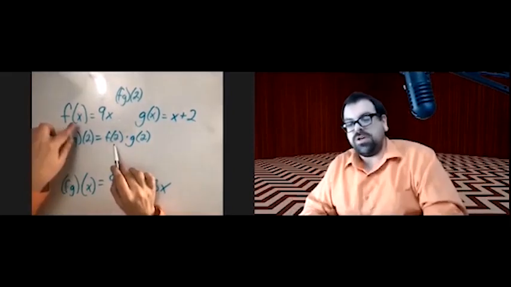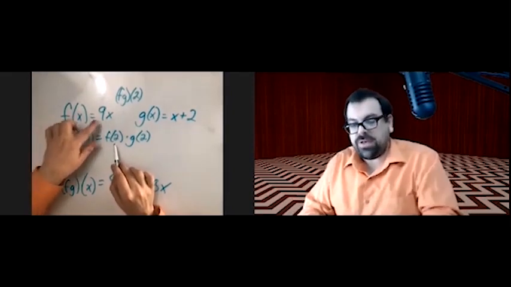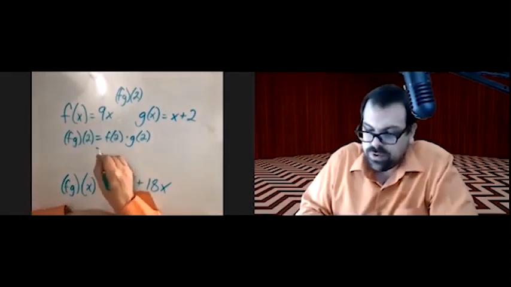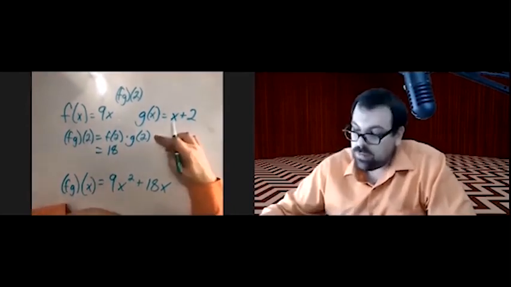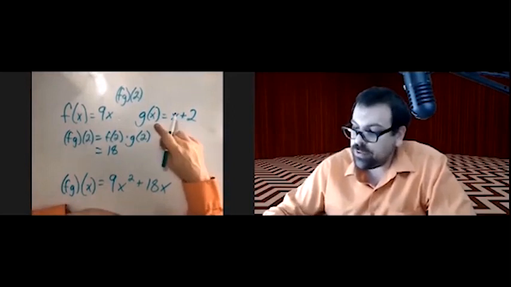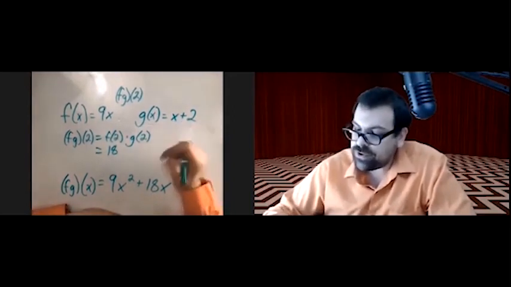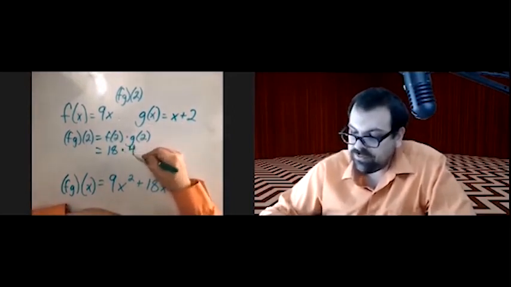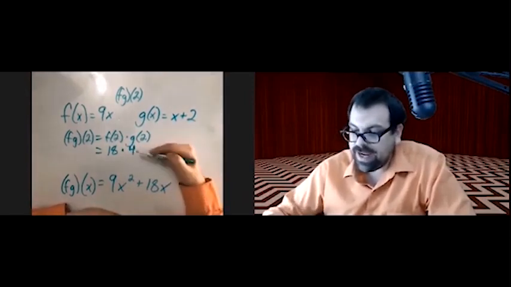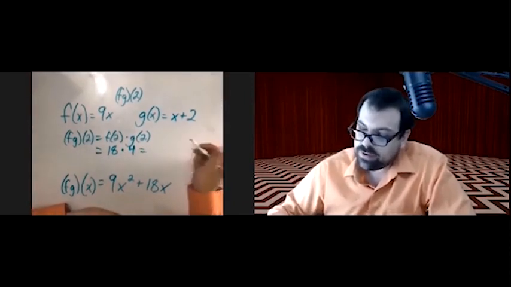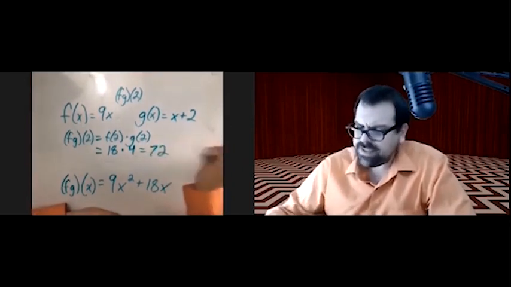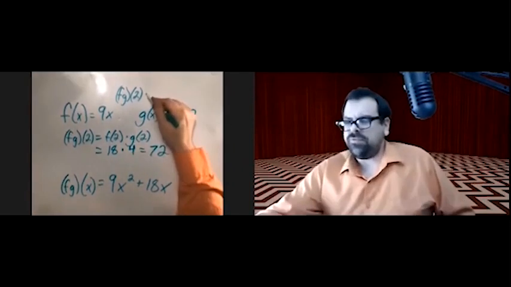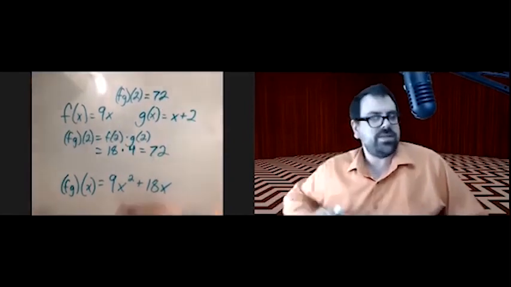What's f of 2? Plug 2 into f. 9 times 2 would be 18. What's g of 2? Plug 2 into g. 2 plus 2 would be 4. And then 18 times 4 would be the same as 9 times 8. So it would be 72. Fg of 2 equals 72.